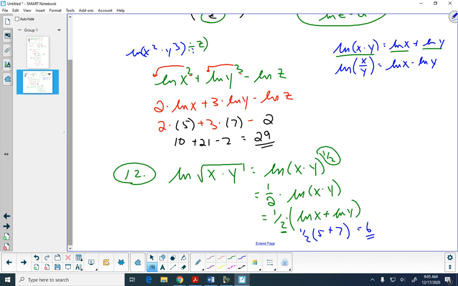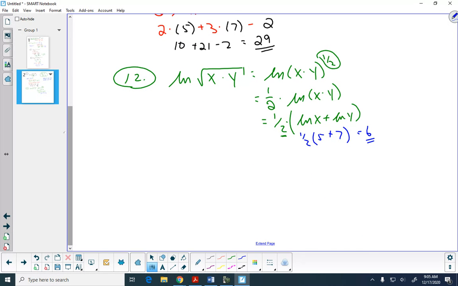Then problem 13, the little nuance to problem number 13. Okay, same property is going to be ln of x plus the ln of e cubed. The exponent of 3 can be moved out front.